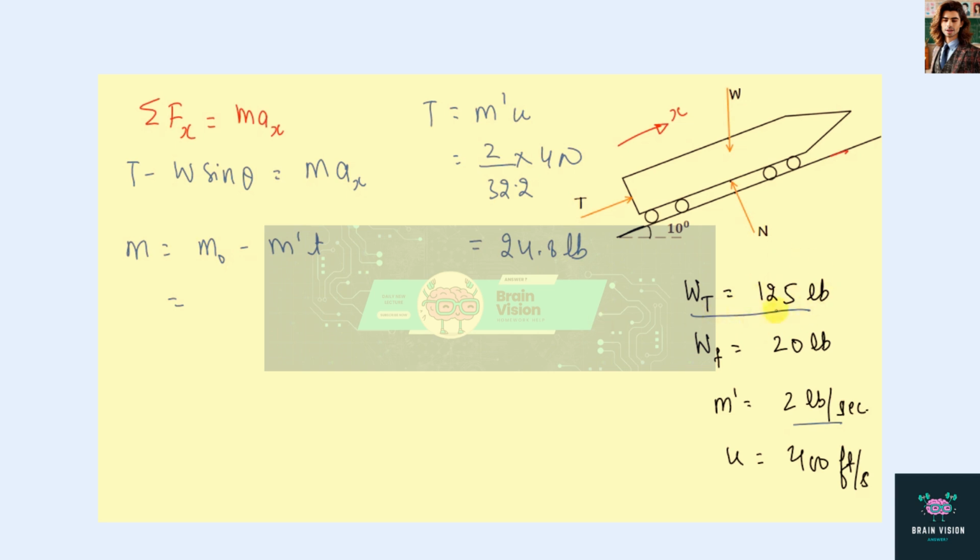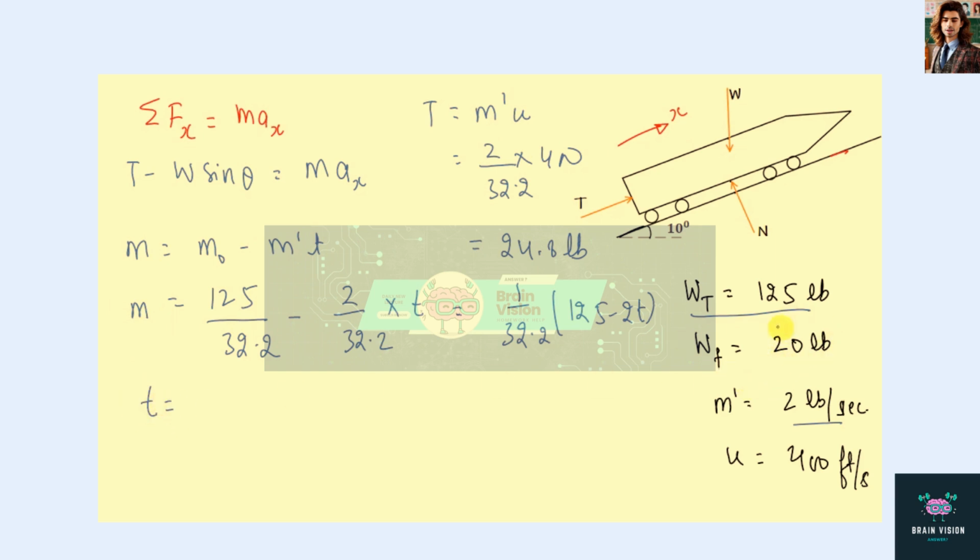The initial weight is 125 pound, so mass would be 125 divided by 32.2 minus 2 divided by 32.2, times t. We can take 1 over 32.2 common, so we get 125 minus 2t. So this is m.